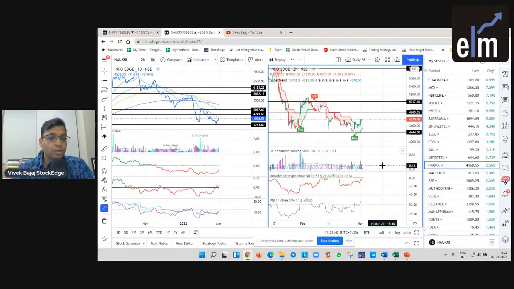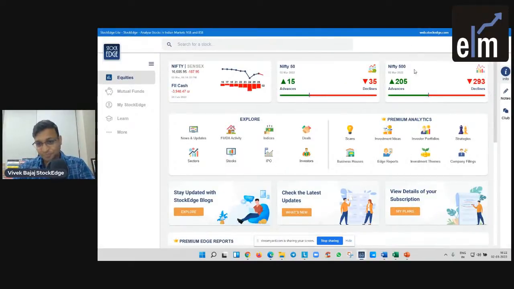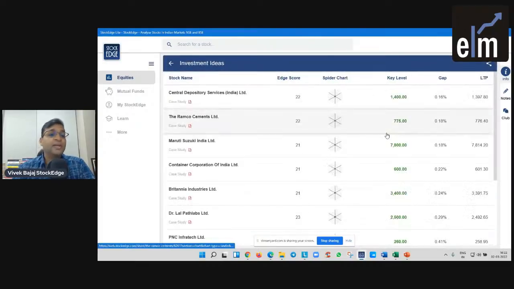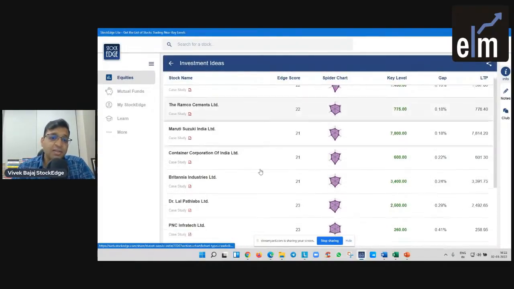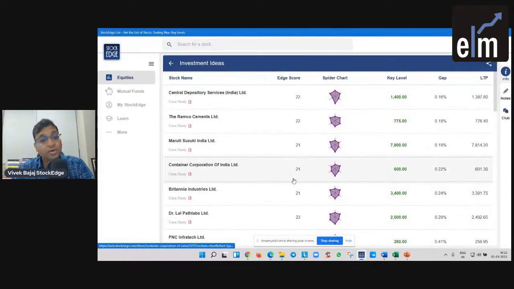So you can look at those ideas, or also in StockEdge, if you go, there is something called investment ideas. These are the investment ideas which we are researching on a regular basis. In fact, we have hands-on research on these companies. And there are ratings which I'm giving.